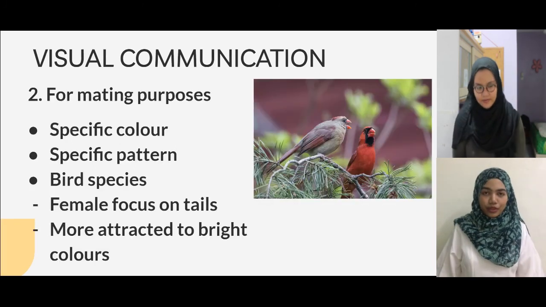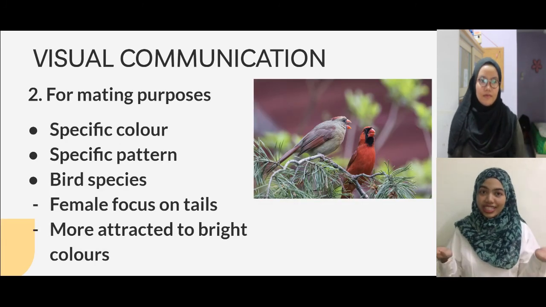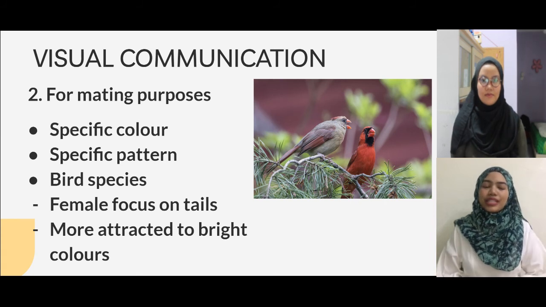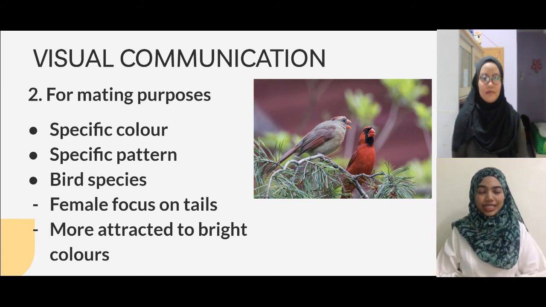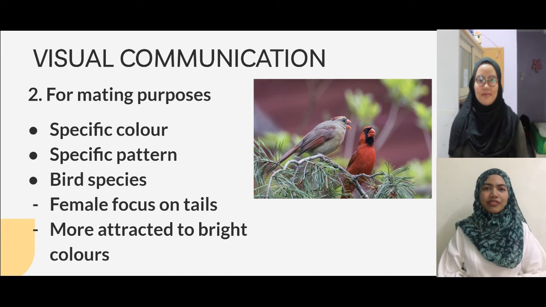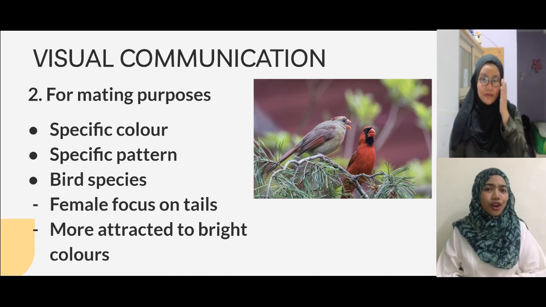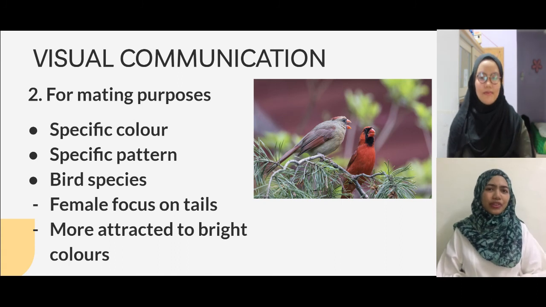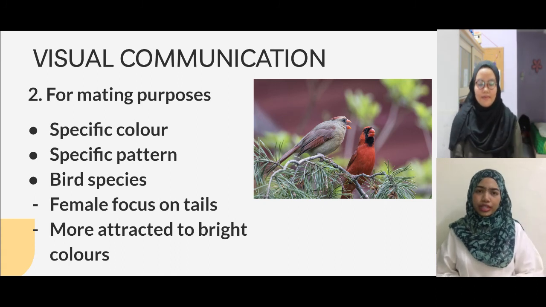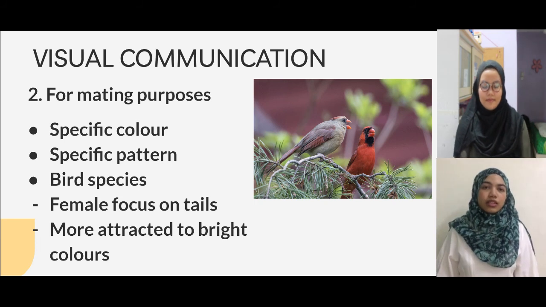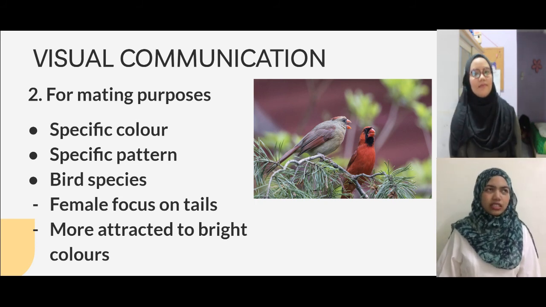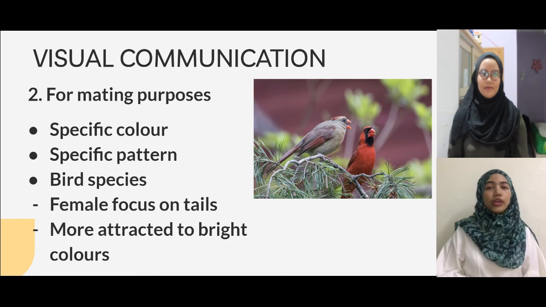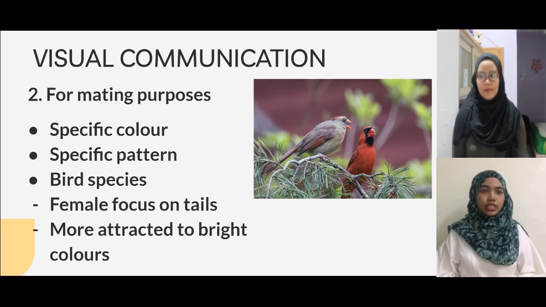Let's move to the second point of visual communication, which is for mating purposes. Mating is one of the most important events in an animal's life, but unfortunately, it is not easy for a male to get the attention of the female, since females tend to be choosier during mating season. Females are usually attracted to specific colors such as red, orange, or yellow, and sometimes to specific patterns such as stripes or spots.